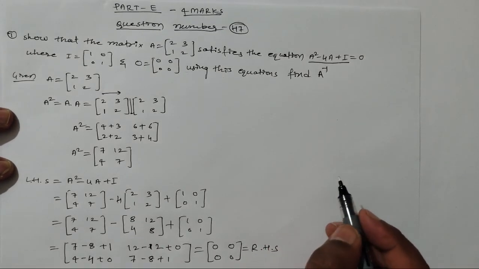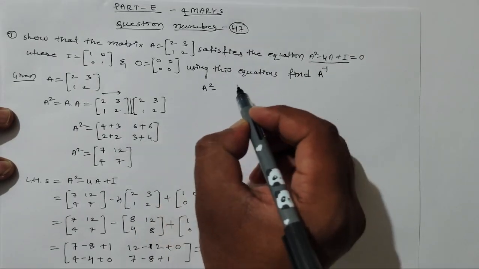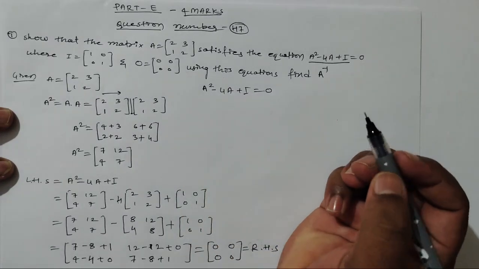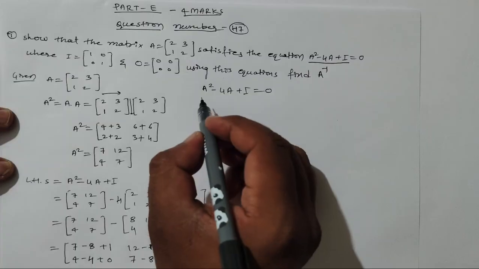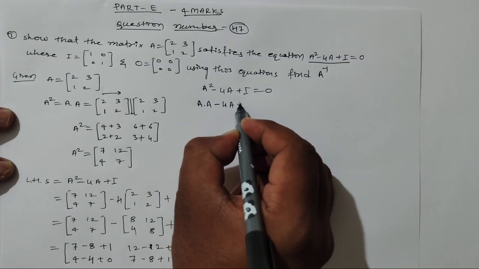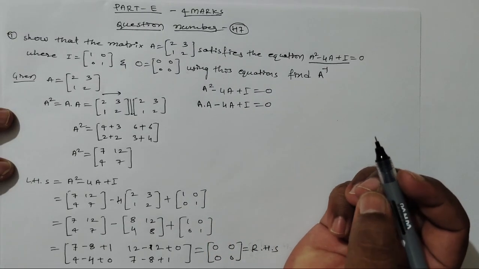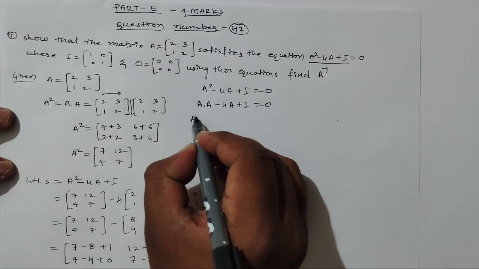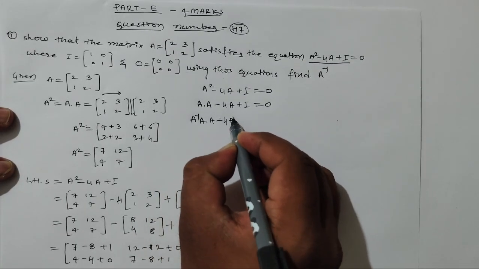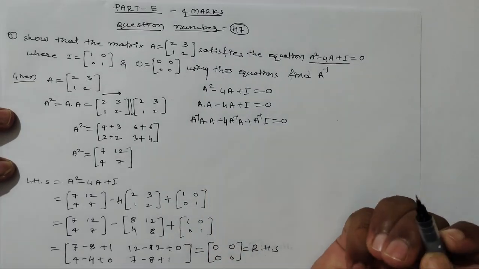Next, to find A inverse using this equation. The given equation is A square minus 4A plus I equal to 0. Here I can write A square as A into A, minus 4A plus I equal to 0. I will multiply by A inverse on both sides. That becomes A inverse into A into A minus 4 into A inverse into A plus A inverse into I equal to 0.